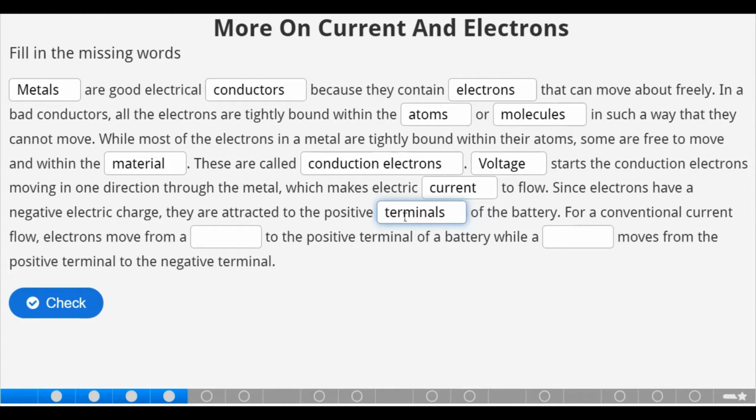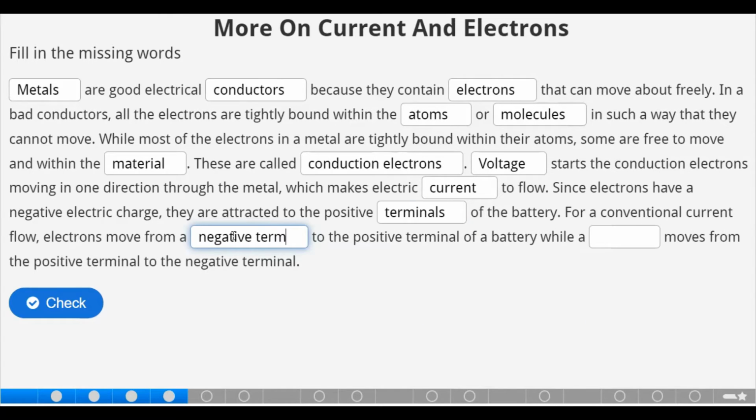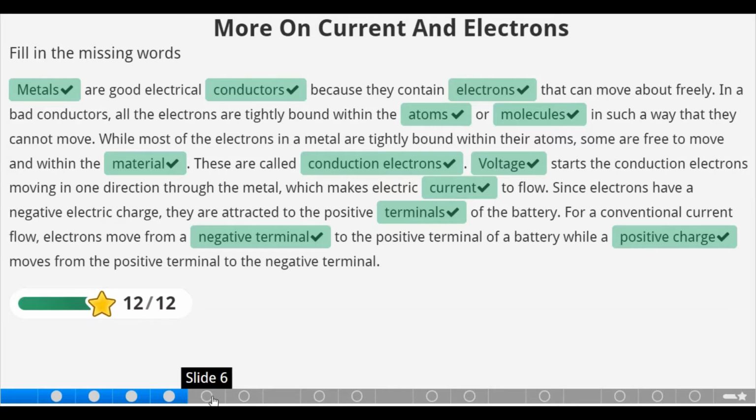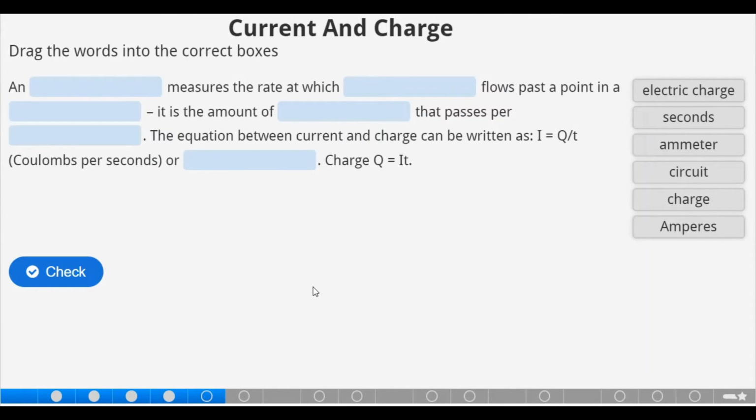For a conventional current flow, electrons move from the negative terminal to the positive terminal of the battery, while a positive charge moves from the positive terminal to the negative terminal. Let's check.